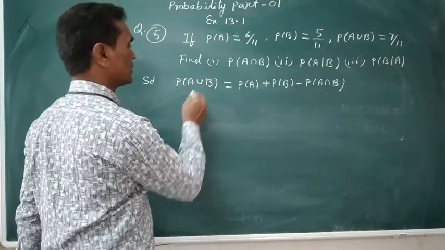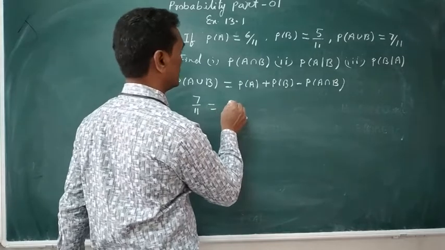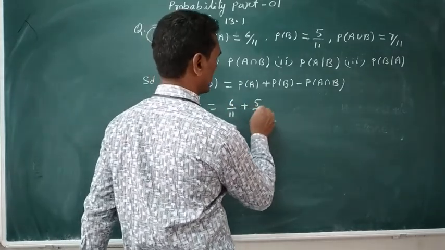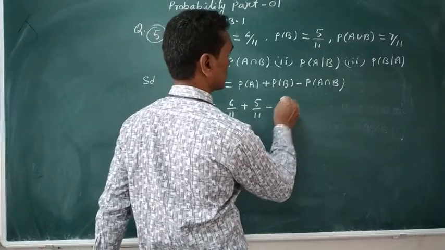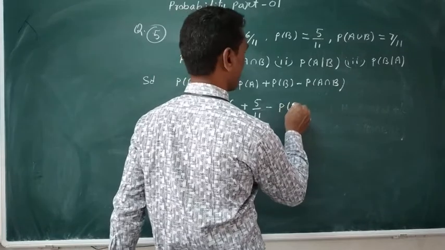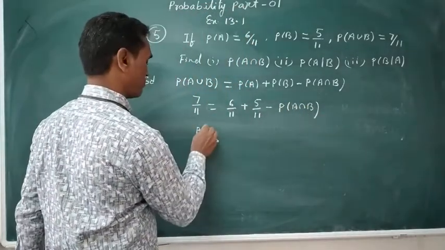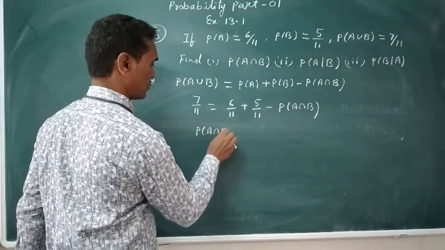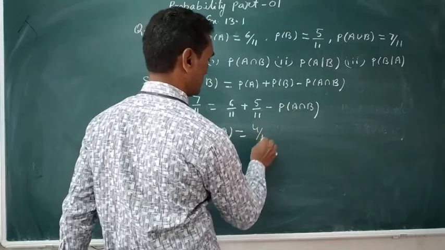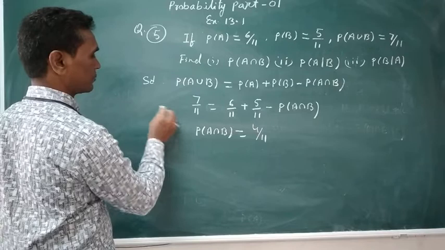A union B is here 7 by 11, P(A) is 6 by 11 and P(B) is 5 by 11, minus A intersection B. We have to find that A intersection B. So probability of A intersection B will be 4 by 11. The first part we have completed.